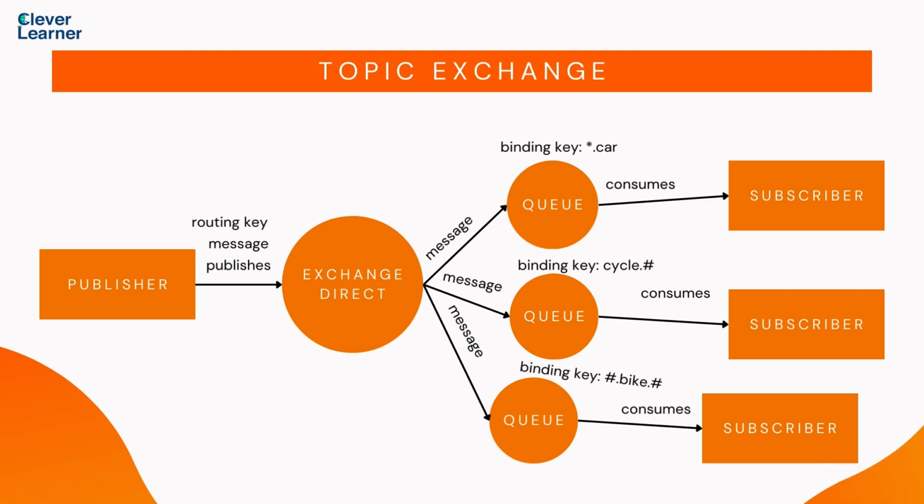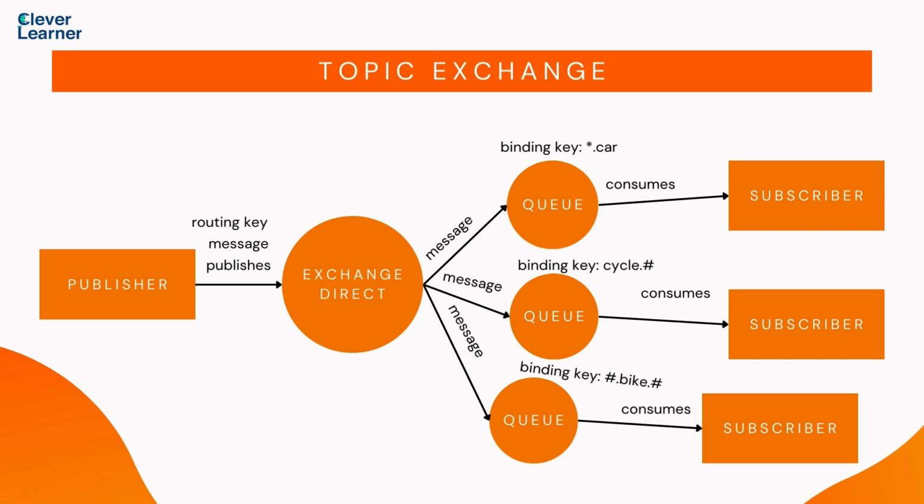Next, we have the topic exchange. This one is a bit more complicated than the other ones, but it's extremely powerful. So the binding key or the routing key is a pattern. First, if you have a star before a binding key, it means you can have only one word before it. But if you have a hash before or after it, it means you can have as many words as you want.